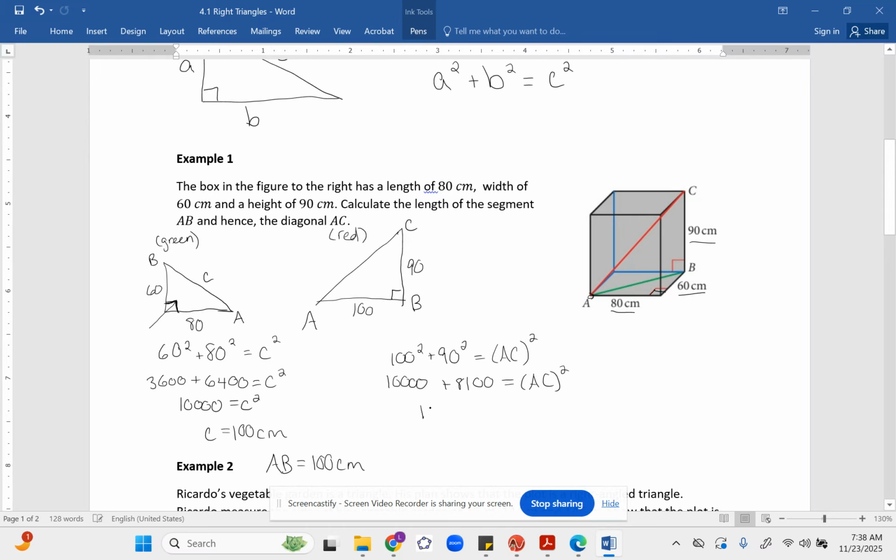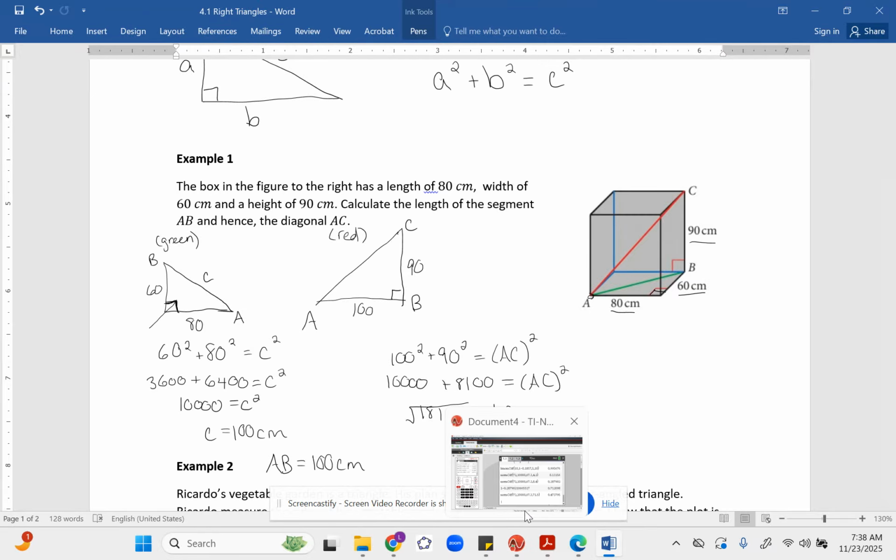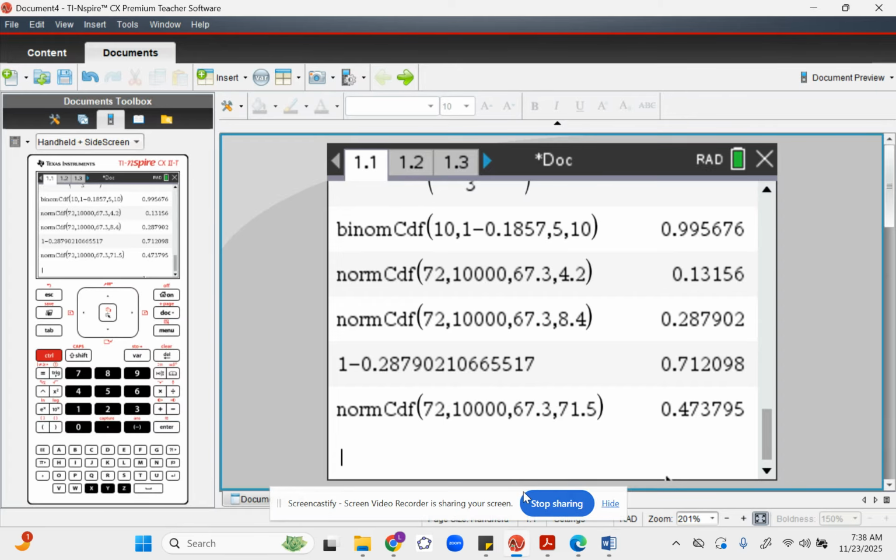That is what? 18100 equals AC squared. So if I take the square root on that side, I get the length of AC. Again, you can use NSolve to find that, but it should be the square root. You can use your calculator.